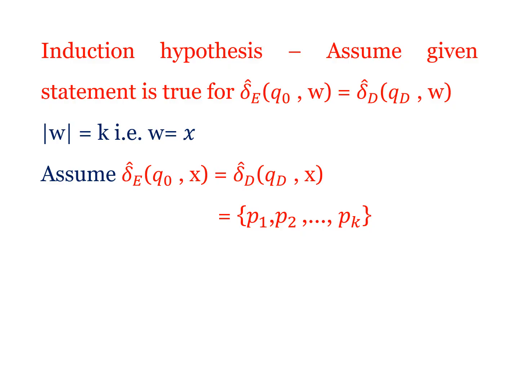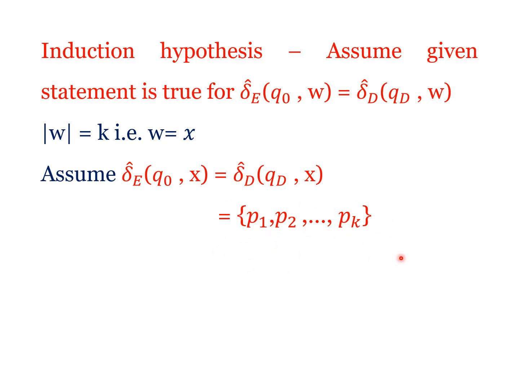We assume the given statement is true for the word X whose length is K. We also assume that the epsilon NFA starting from Q0 and processing all the characters of the string X, and the transitions in the DFA starting from the start state QD and processing each character in the string X, both obtain a set of states P1, P2, etc., up to Pk.